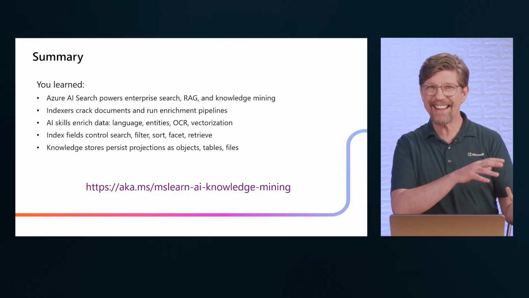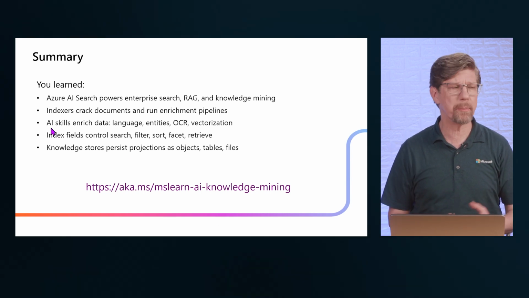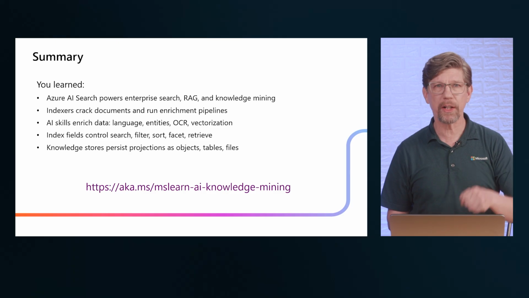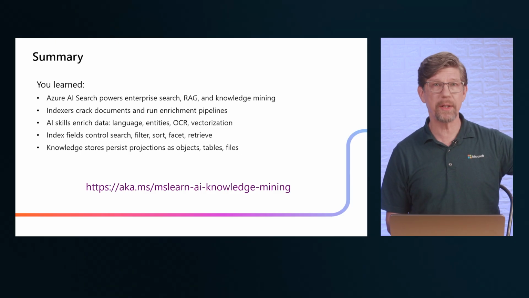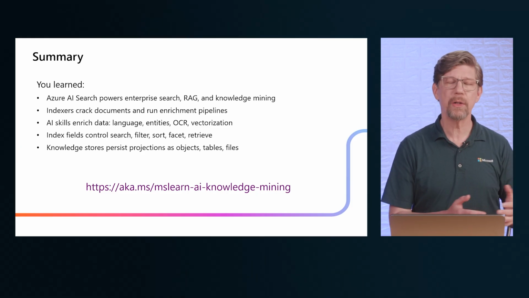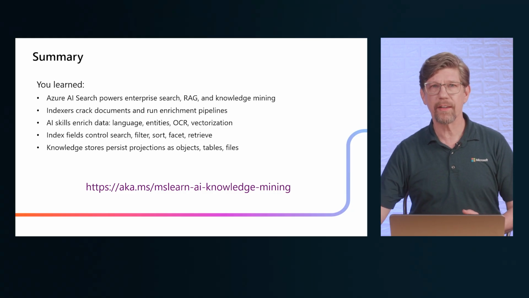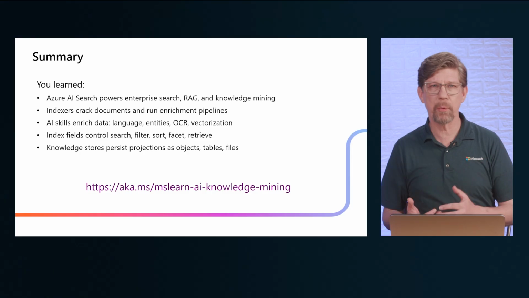Along the way, in that pipeline, we're going to have a series of AI skills. Those skills, their job is to enrich the data that we're bringing forward. Maybe we need to extract text from some of the images. Maybe we need descriptions of those images. Maybe we need to translate the text. We can use all of those tools that we've been seeing all through this course for that import enrichment.